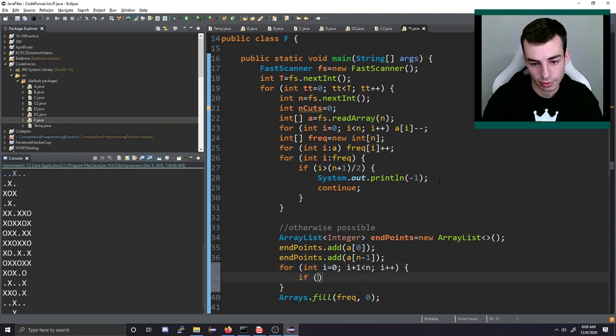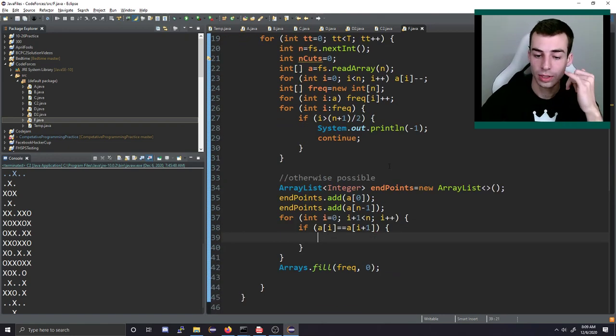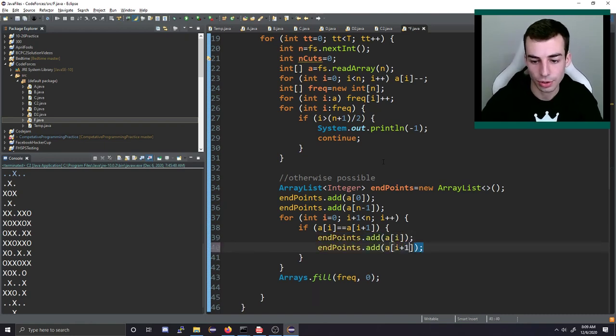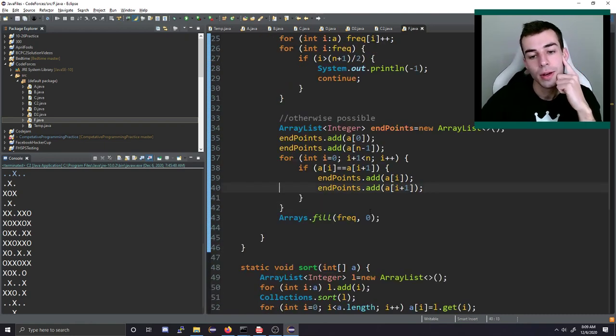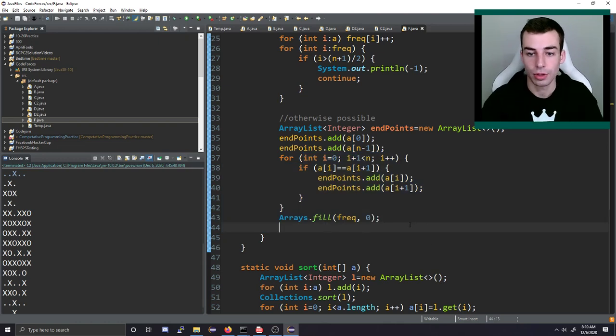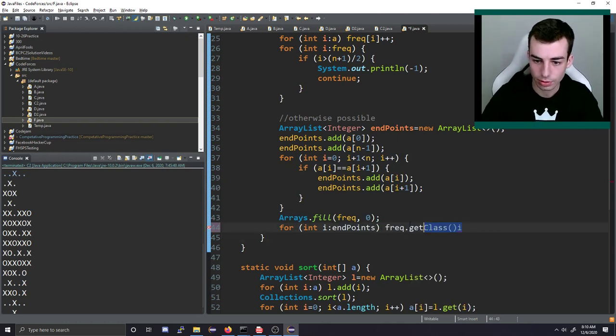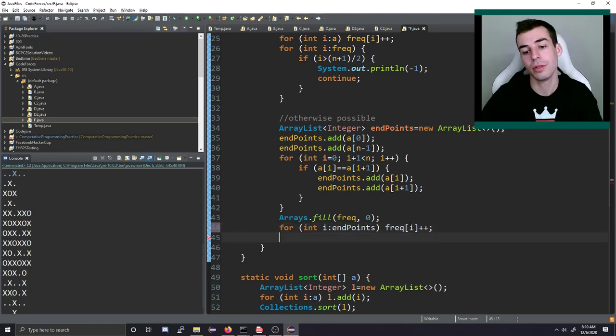If a at i equals a at i plus 1, then we need to cut here. Endpoints dot add a at i twice. I guess we'll add a plus 1 so it makes more sense to us. And now we have all the endpoints. Okay, so now for i in endpoints, frequency at i plus plus.